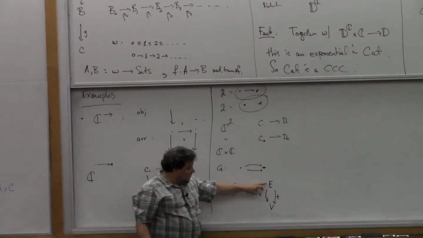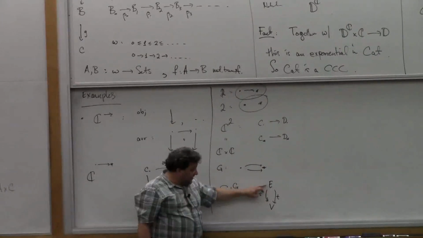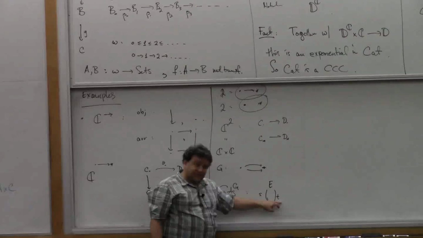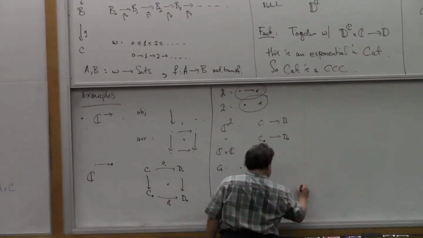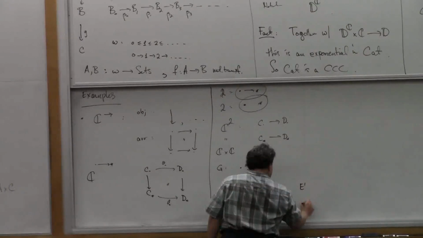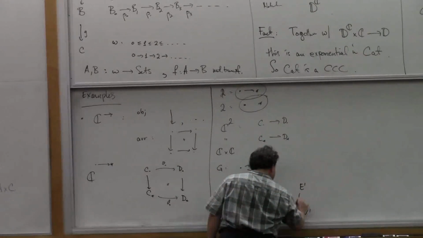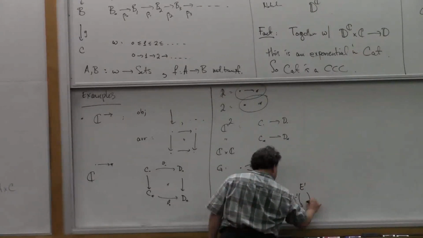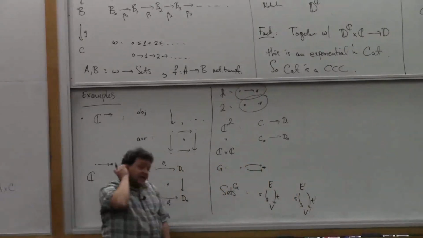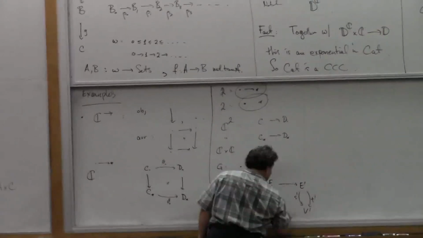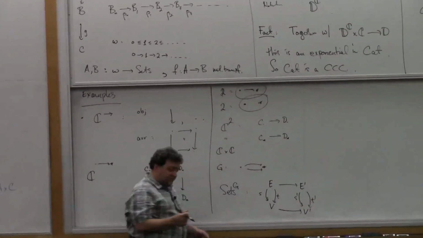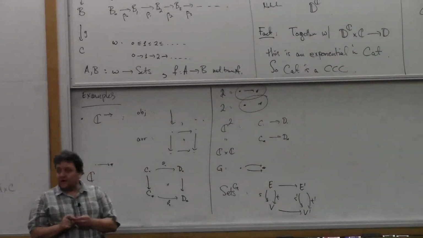It's a set of edges, a set of vertices, and each edge has assigned to it a source and a target. And another one would be another such thing. I should use better notation, but anyway. Now what's a natural transformation between those things? Well, it's a function that takes edges to edges and another one that takes vertices to vertices, respecting sources and targets.